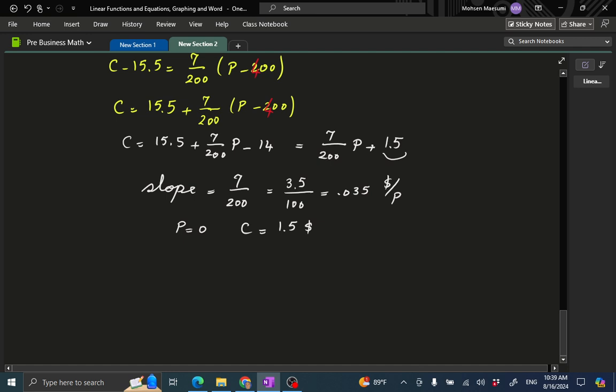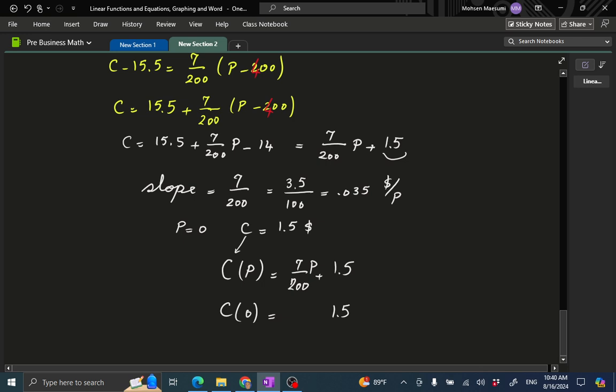In function notation, again, we are going to see this later on, we say cost of P, the number of pages I put in, is 7 over 200 P plus 1.5. So cost of no pages at all, I forgot the P here, cost of no pages at all is just 1.5.